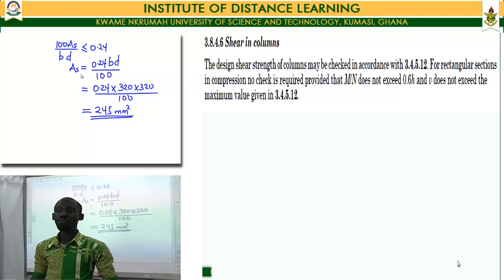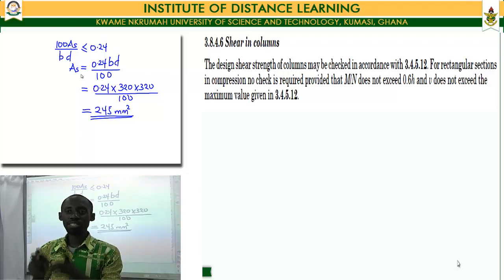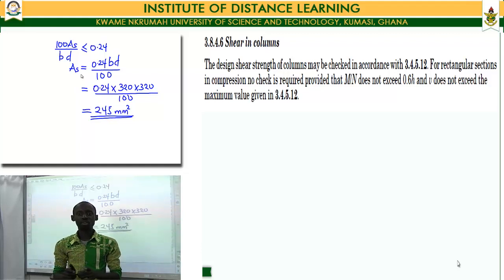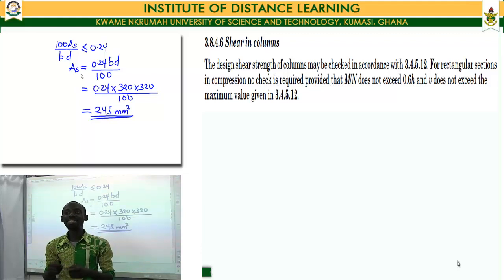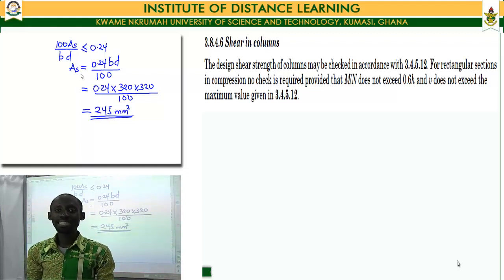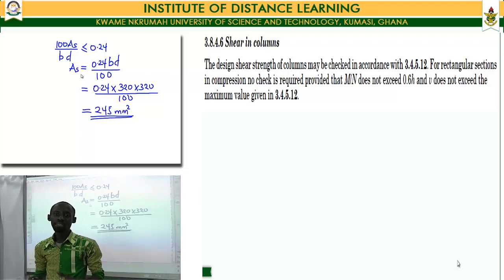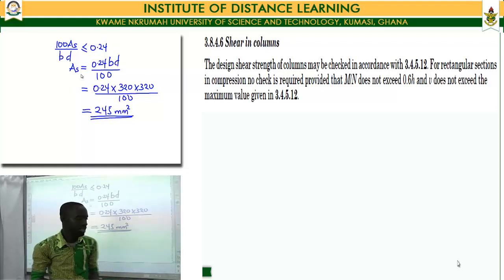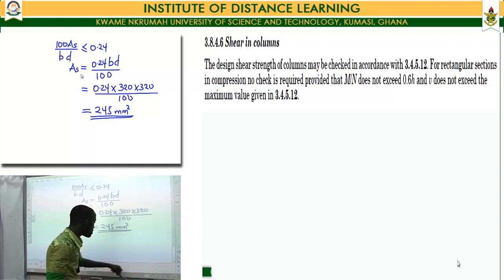It now moves on to say that for rectangular sections in compression, no check is required, provided M/N does not exceed 0.6h and V does not exceed the maximum value given in 3.4.5.12.